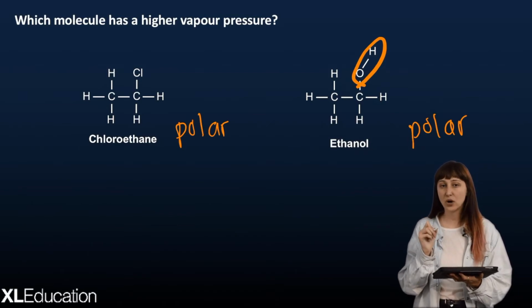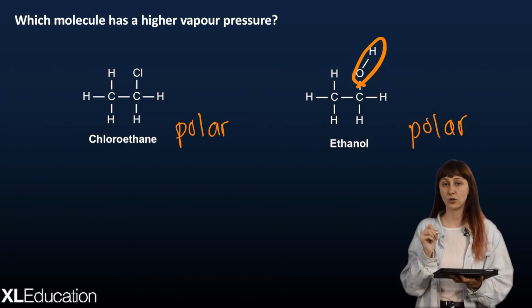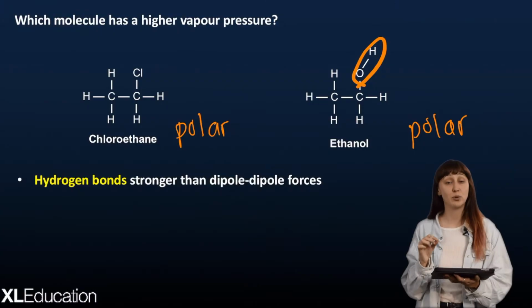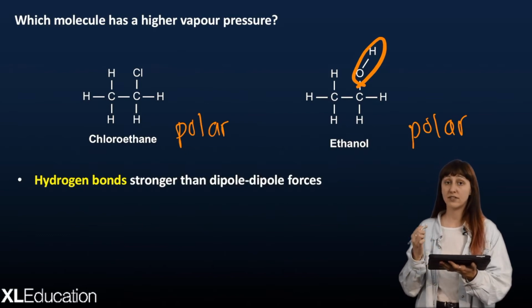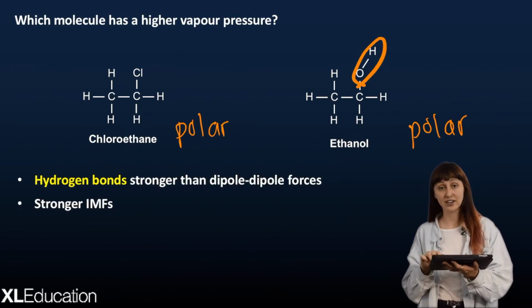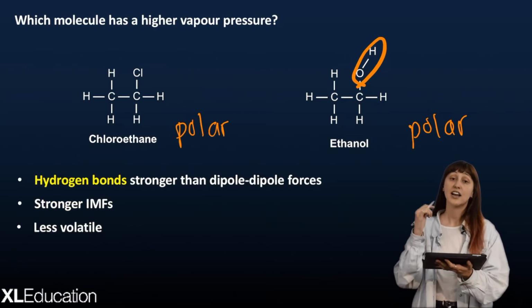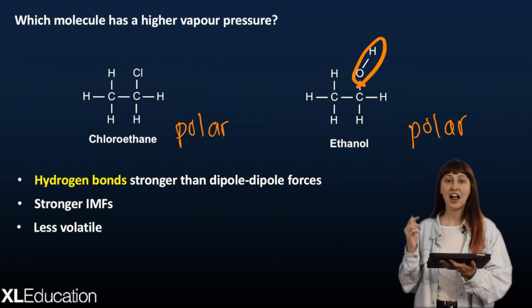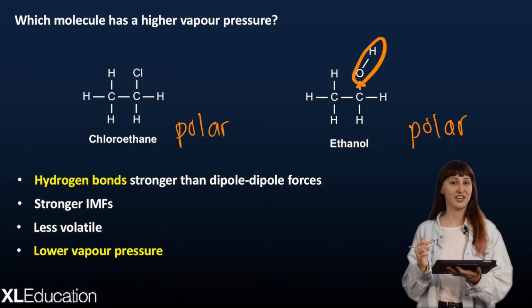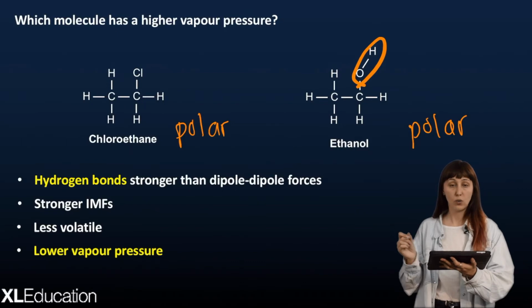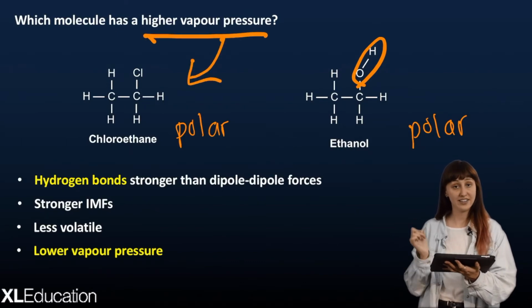Remember, hydrogen bonds are the strongest of the intermolecular forces. So let's remember, hydrogen bonds are stronger than dipole-dipole forces. Therefore, if a molecule experiences hydrogen bonding, it will have stronger intermolecular forces. As a result, it will be less volatile, therefore having a lower vapor pressure. So which of these two has the higher vapor pressure? Well, it's going to be chloroethane.